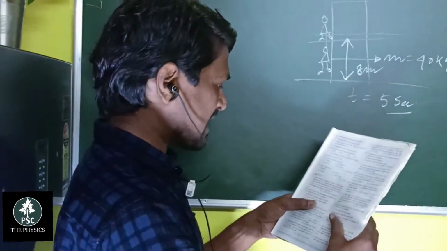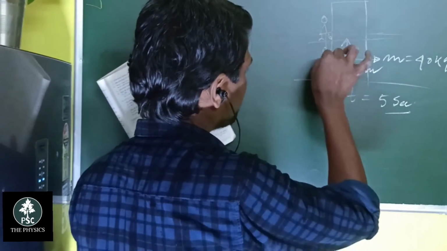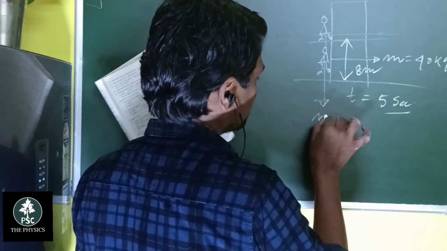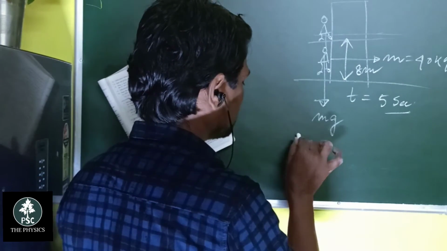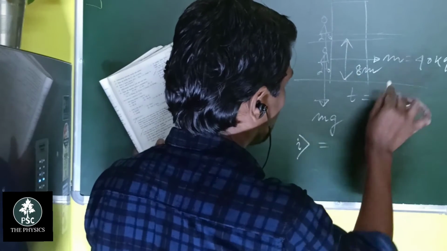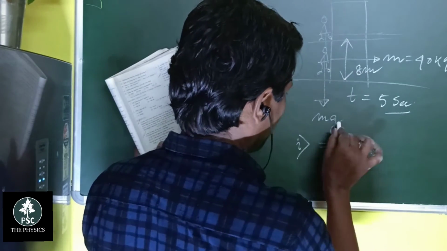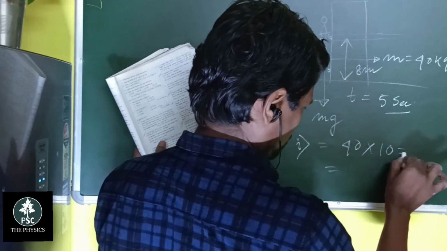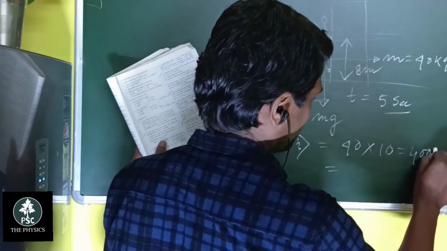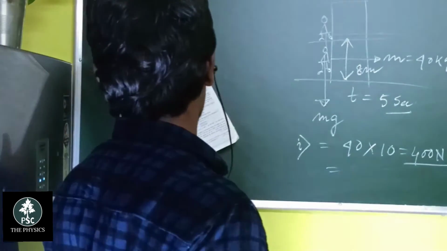Calculate the force of gravity acting on the boy. So the force of gravity acts along this direction, this is mg, and we can easily calculate: mg equals mass 40 and the value of g is given, that is 10. So this is 400 Newton gravitational force acting along this direction.